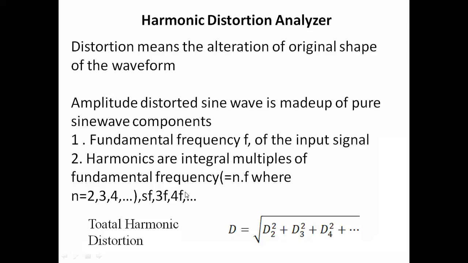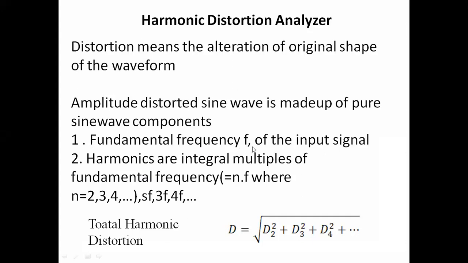Here, in a given distorted sine wave, we have the fundamental frequency and harmonic components. In this combination, we have to find out the distortion caused by the harmonic frequency components only. We don't want the fundamental frequency component.